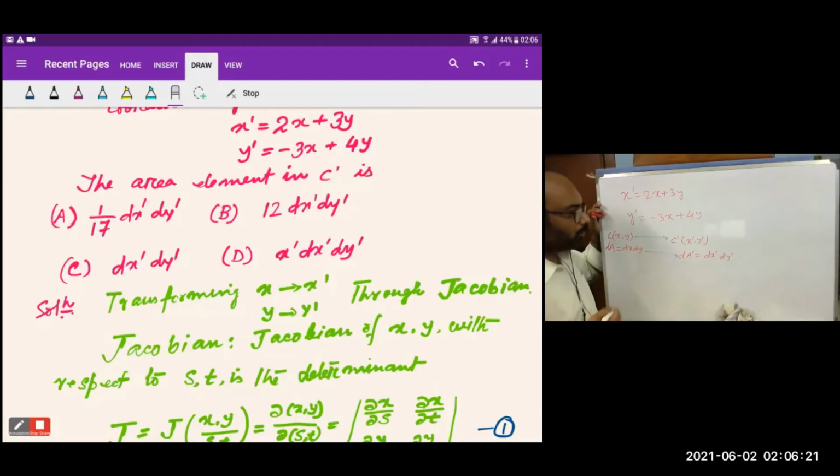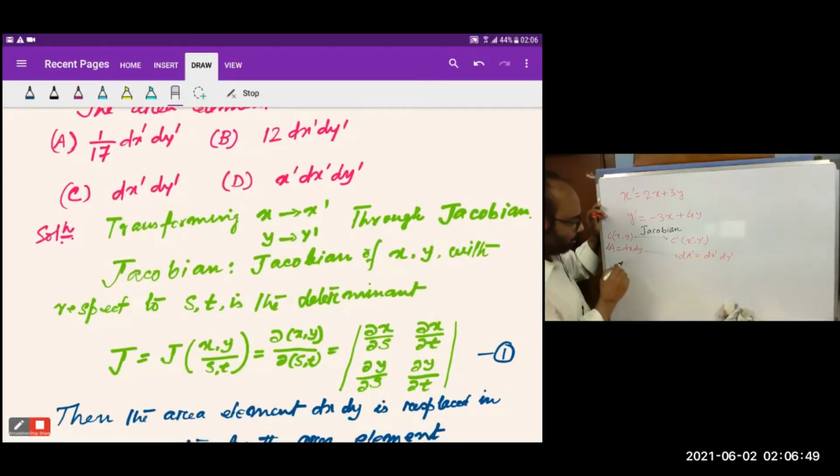And we are going to transform xy coordinate system to x dash y dash coordinate system using the concept of Jacobian J. So what is Jacobian? Suppose we are going from xy coordinate system to st coordinate system.